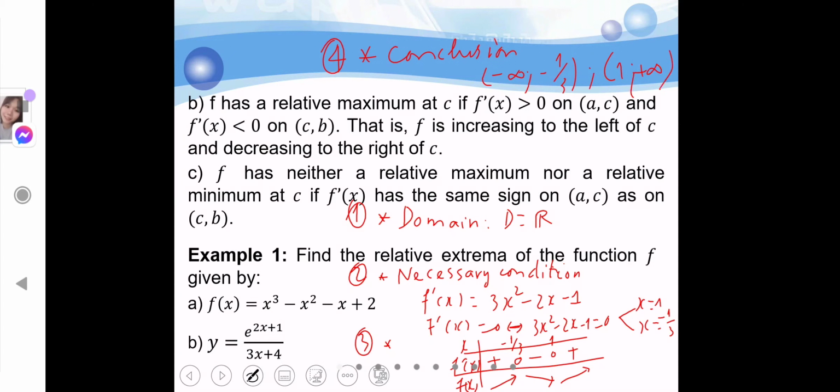Okay, it is increasing on this interval, and decreasing on minus 1/3 to 1.